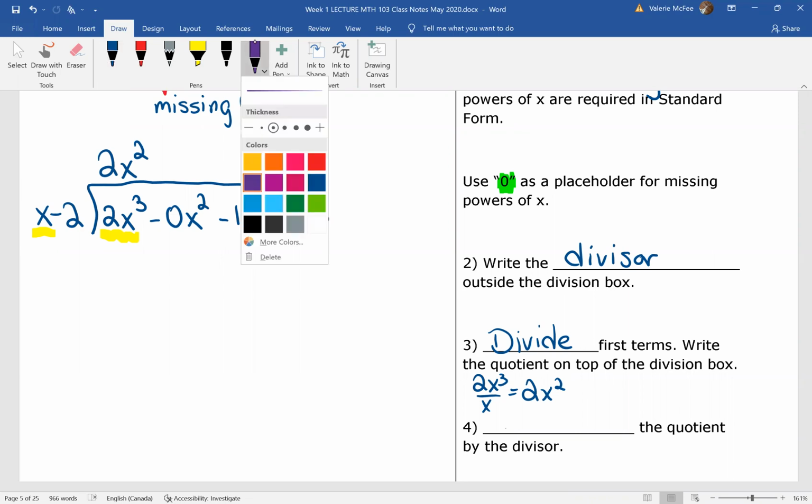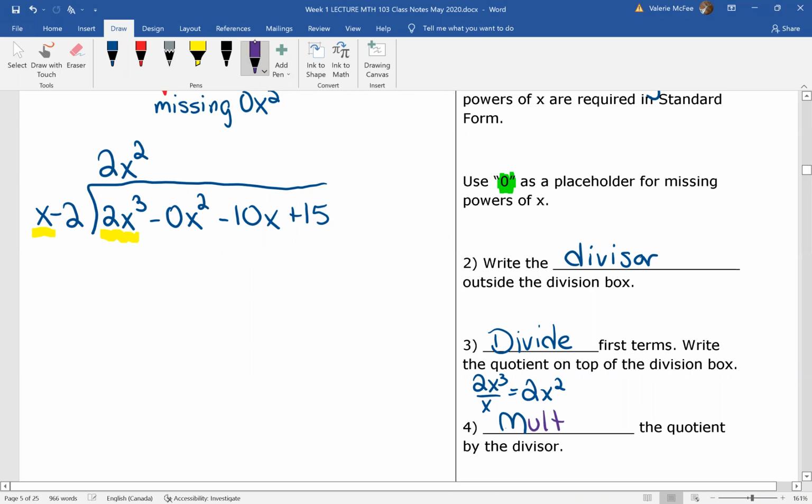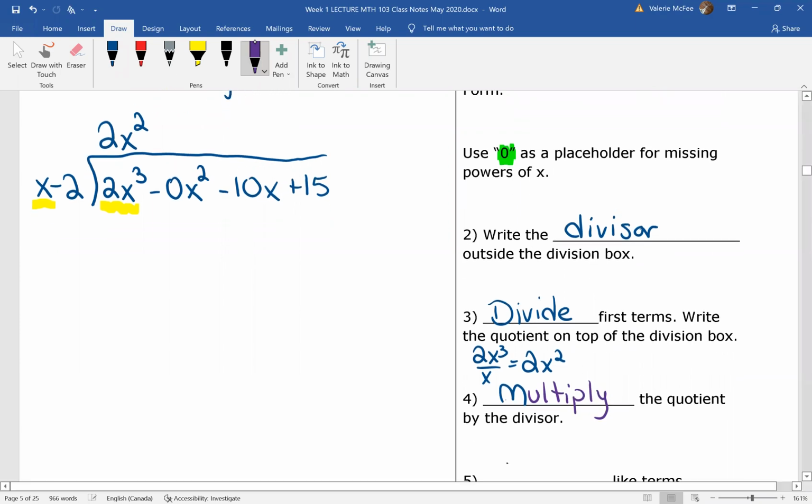The next step is to multiply. We're going to multiply the quotient that we just put on top by the divisor. We're going to use the distributive property to do that.